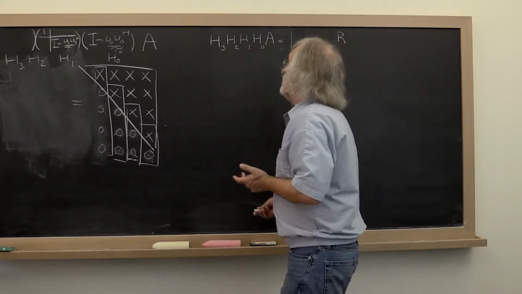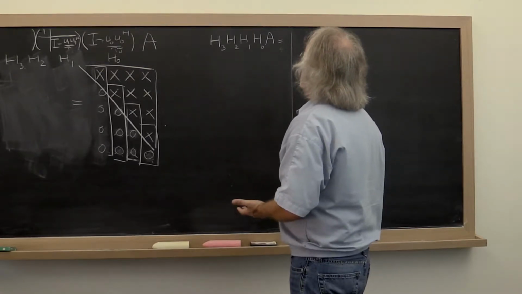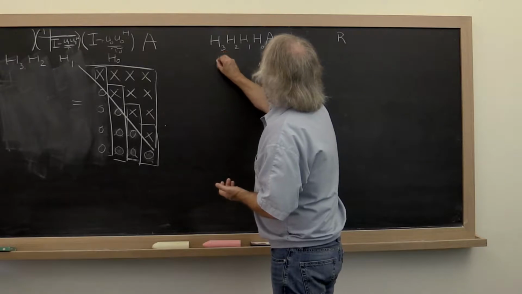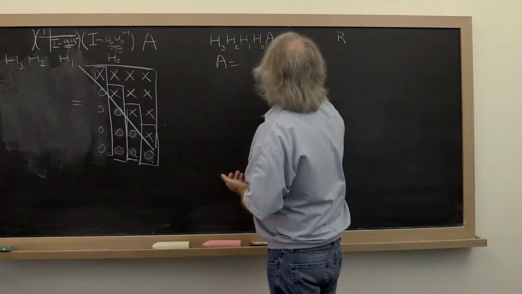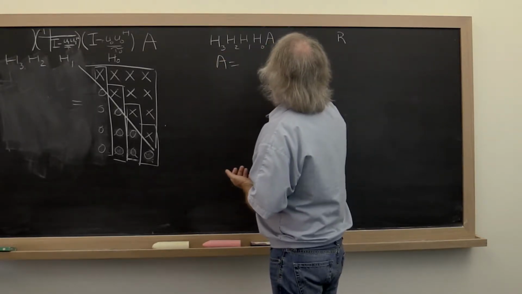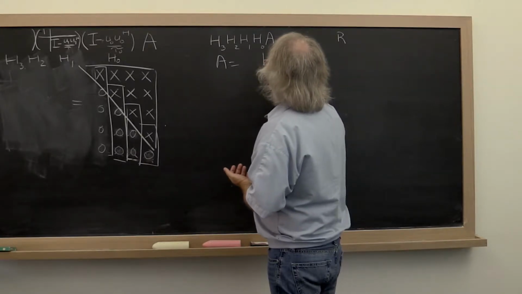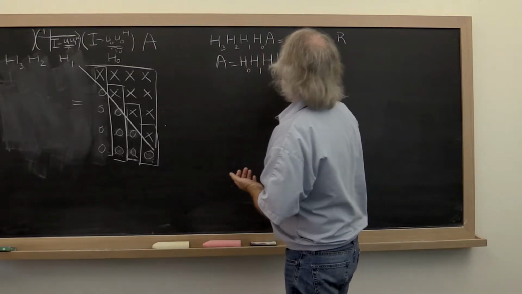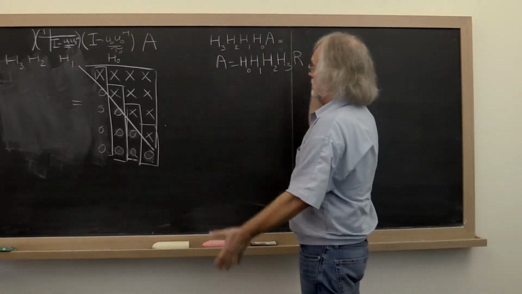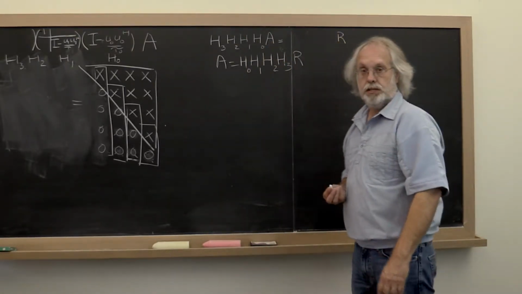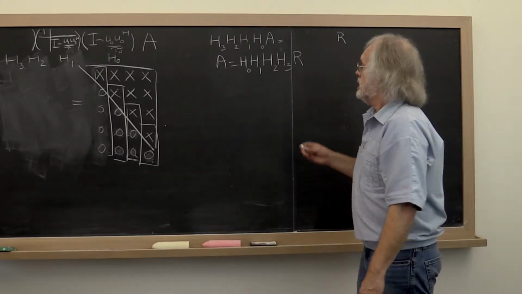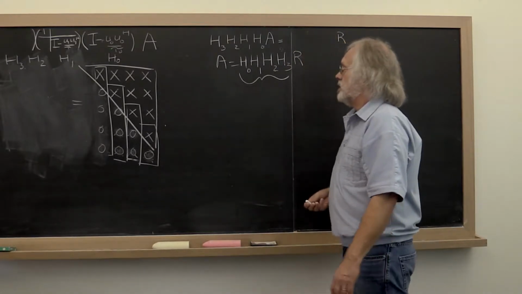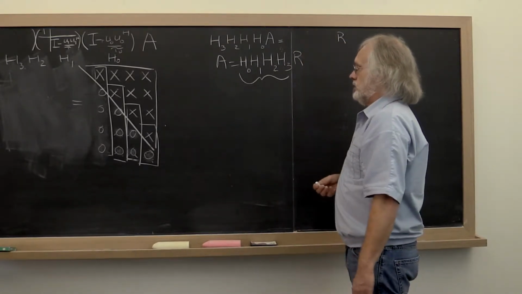So what we can do is rewrite this as A is equal to R times H3 times H2 times H1 times H0, where obviously if our matrix had more columns, we would have more such matrices. If we multiply all of these together, then we end up with a unitary matrix.